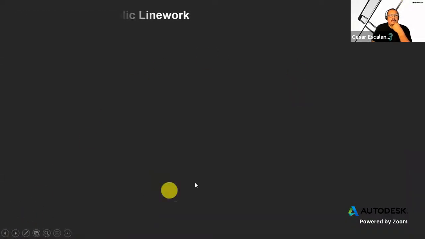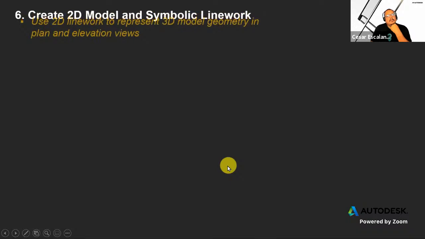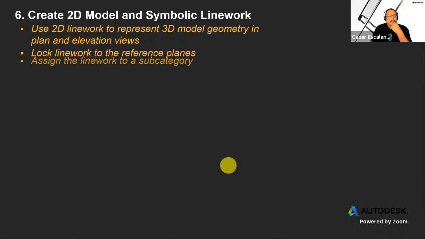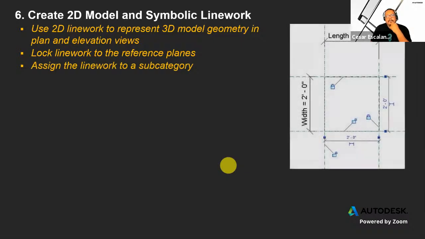Then another step is we add symbolic line work. There are examples of families that have representational symbolic line work embedded. And what that means is that these symbolic lines are only visible in projection views. When you create an elevation or a section or a floor plan, these symbolic lines are visible.